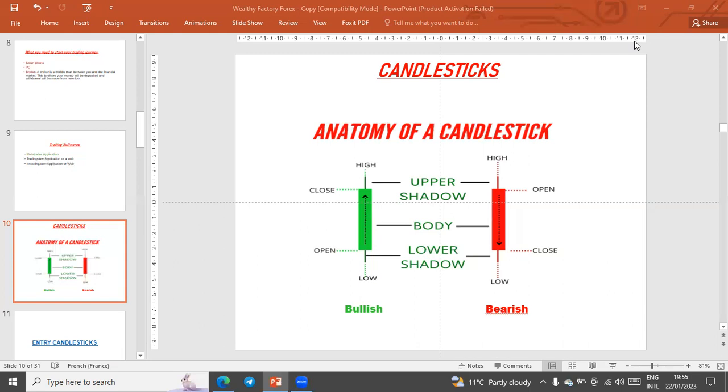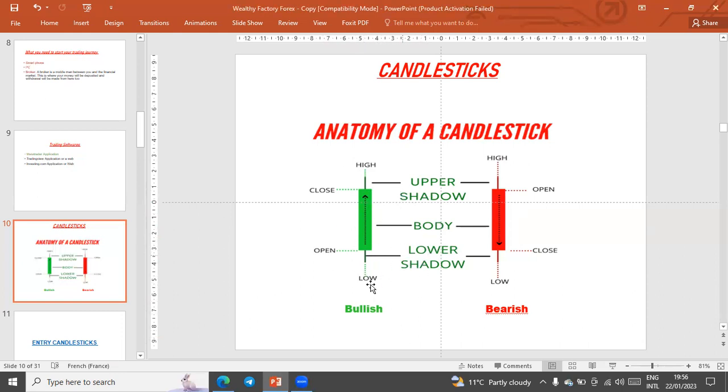We have two types of candlesticks: a bearish candlestick and a bullish candlestick. When you open maybe MetaTrader 5 or TradingView, you're going to find that the bullish candlestick is indicated by the color green.